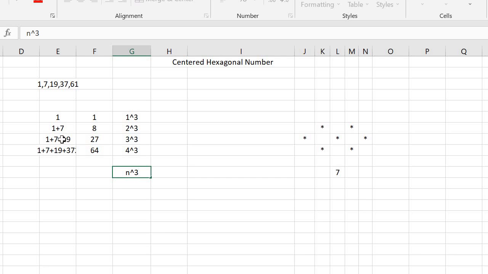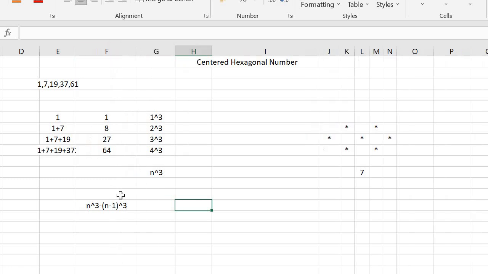So how we can calculate them: n raised to power 3 minus n minus 1 raised to power 3. This is going to be the nth term.